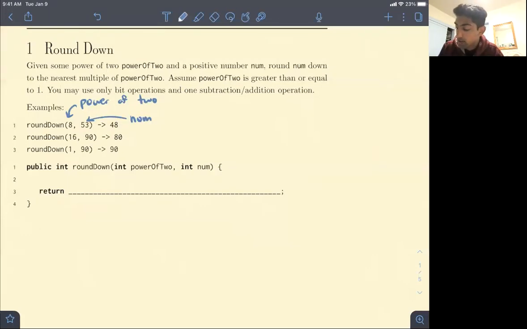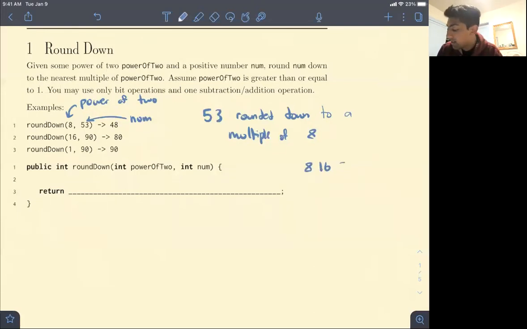So if we're considering this first example, if we're given 53 as our number, and we're trying to round down 53 to a multiple of 8, we know that the multiples of 8 go 8, 16, 24, 32, 40, 48, and 56.